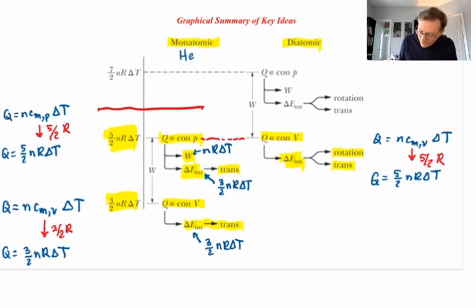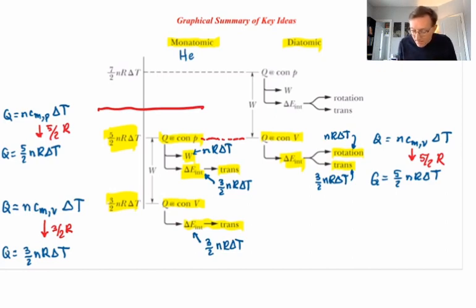Just to be clear, the energy change that goes into increasing the translational motion is 3/2 nR delta T, because there are 3 degrees of freedom. And the energy change that goes into increasing the rotation is 2/2 nR delta T, or 1 times nR delta T. Okay, that's what happens if the volume is constant in a diatomic gas.